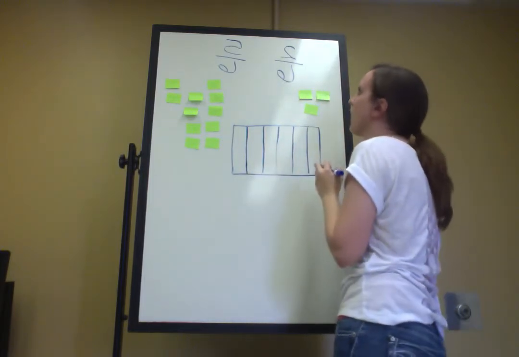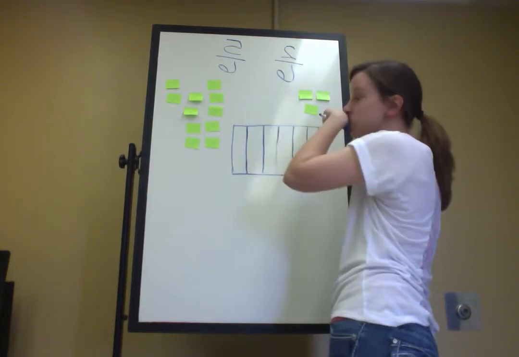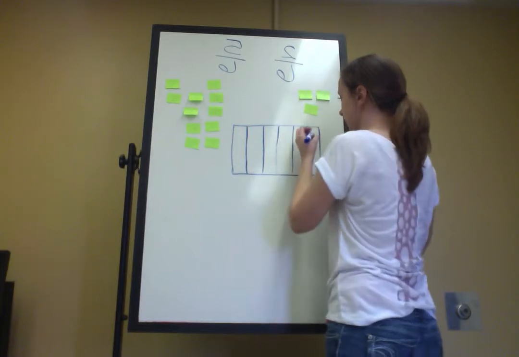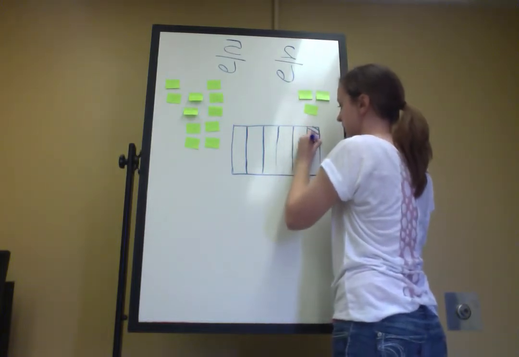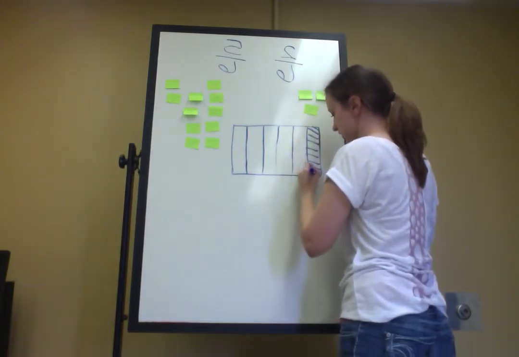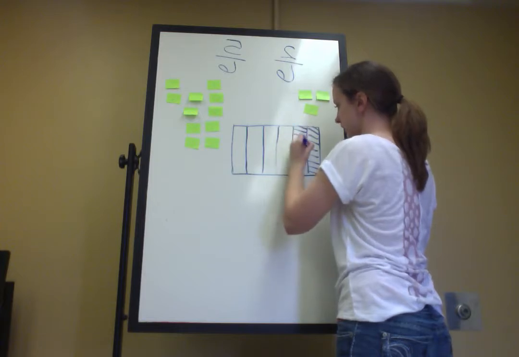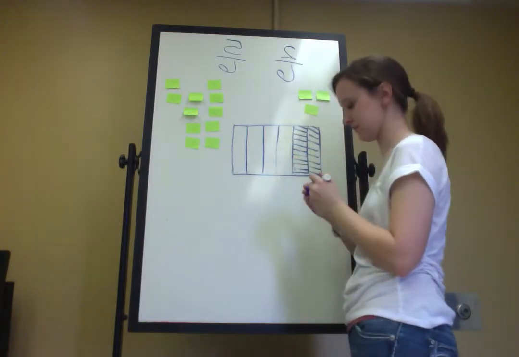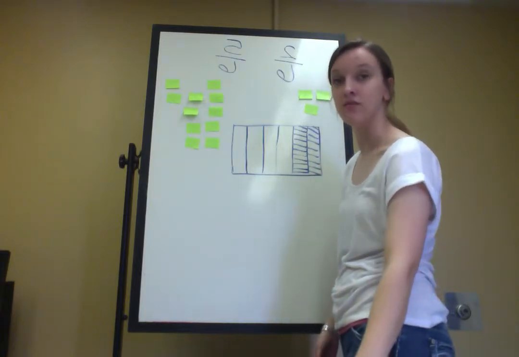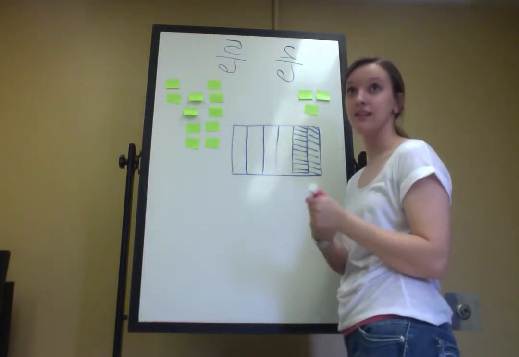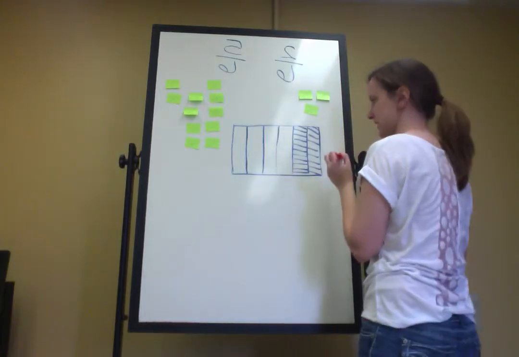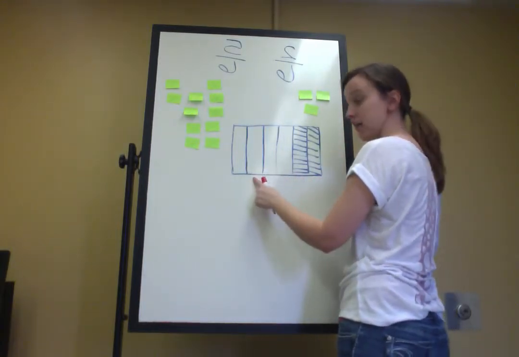So how much of this is 2/6? Right, so 2/6 is just that one and that one, right? Now, how much is 5/6? Good job. 5 out of the 6 pieces. So 1, 2, 3, 4, 5.